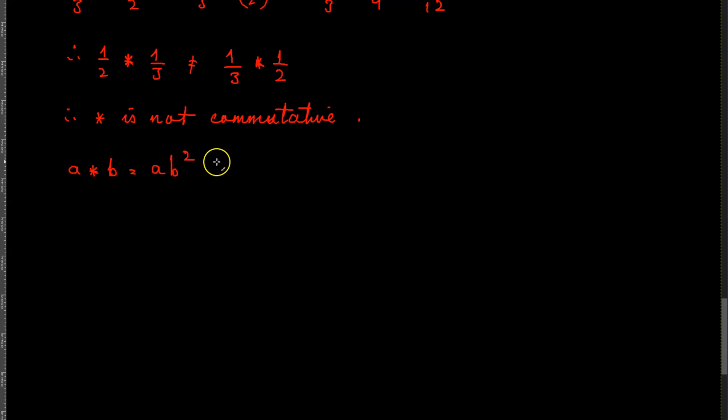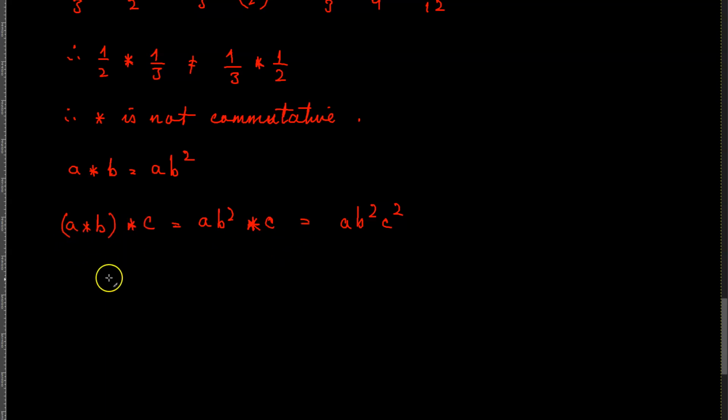So if I calculate A star B star C, that gives me AB squared star C, which gives me the first number times the square of the second number. So the first number is AB squared times the square of the second number, which is C squared.